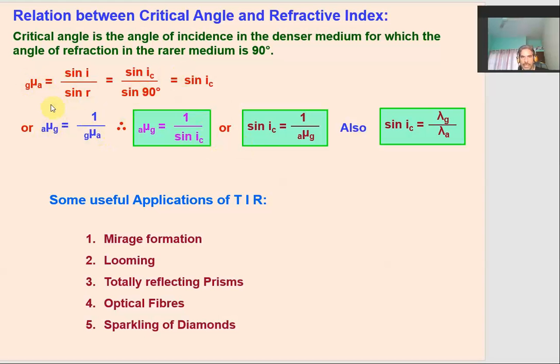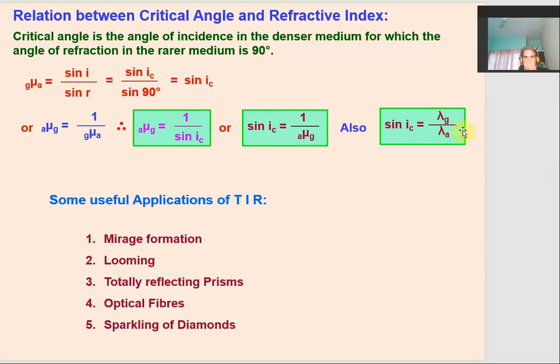So you get this expression, and this is the formula which gives the measurement of the critical angle. If we know the refractive index of glass with respect to air, which is called the absolute refractive index of the glass, the refractive index of any medium with respect to air being its absolute refractive index, then by substituting the refractive index of that denser medium we can calculate the critical angle.